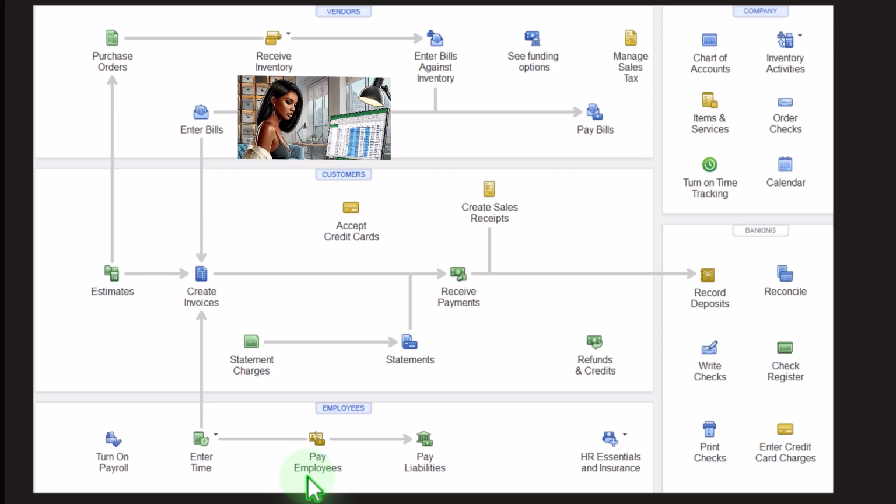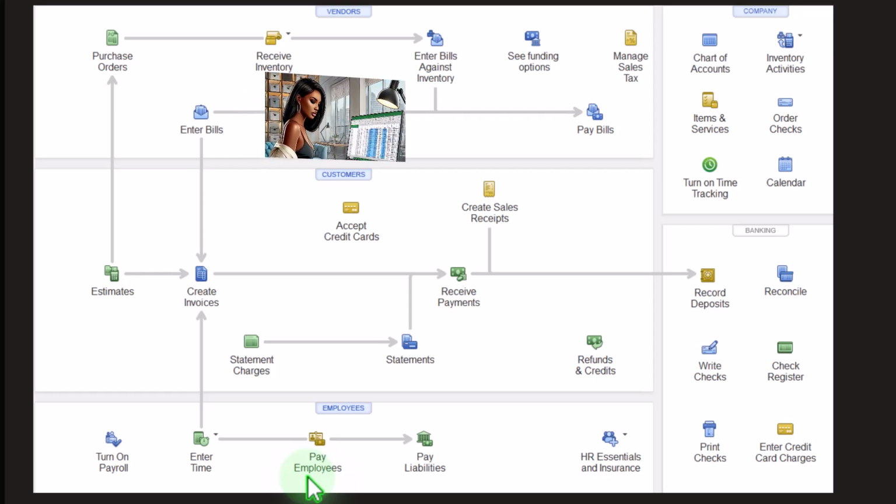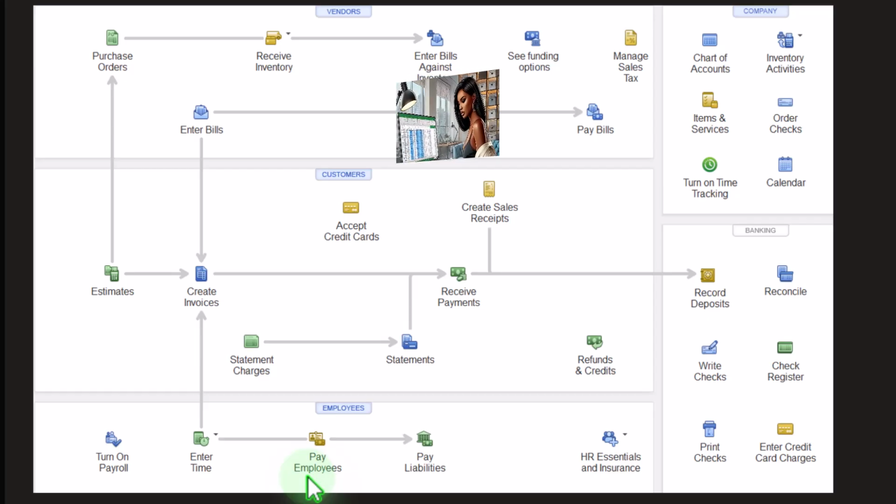So if we process payroll on a monthly basis, that means every month we're going to have to pay the employees. Normally, if it was a vendor cycle, we would just write them a check. It would be easy to do, but the IRS also wants us to withhold. That's part of the problem with employees. The IRS is going to make us into their collection agency. So how do we know how much to withhold from the employees?